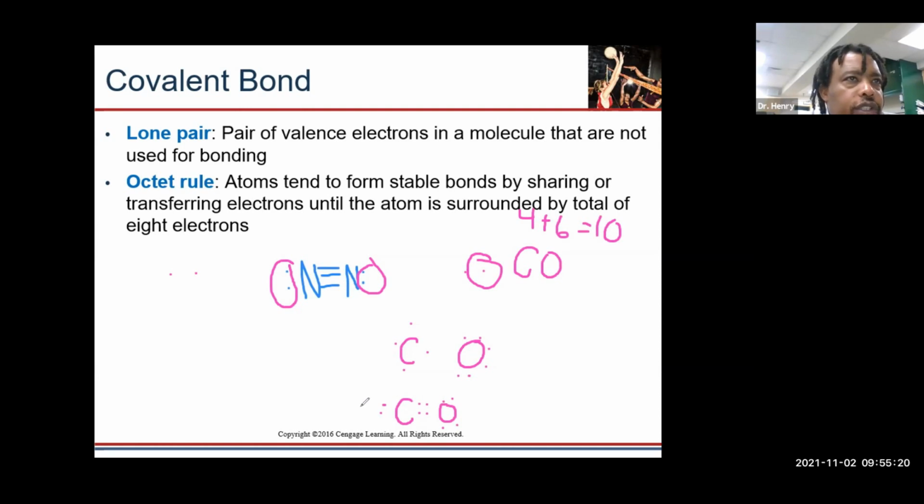But that's only 2, 4, 6 around carbon, so we're going to have to make another adjustment. We're going to borrow 2 more from the oxygen. So we get C triple bond to the oxygen. That's 2, 4, 6, 8 around this carbon, 2, 4, 6, 8 around this oxygen. You see that?